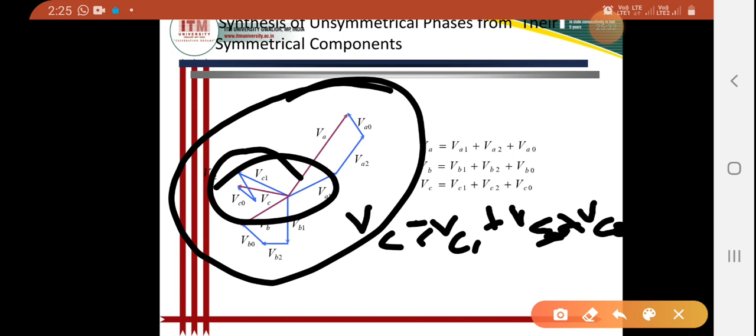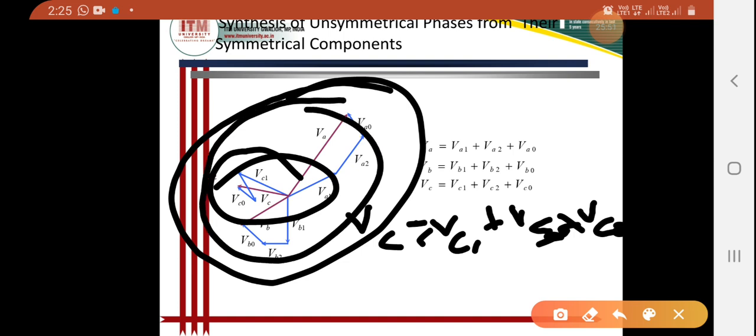Whether it is the positive, negative or zero sequence component, based on that we draw them in parallel, and then this unbalanced phasor diagram comes, and the resultant will obviously be the unbalanced phasors VA, VB and VC.